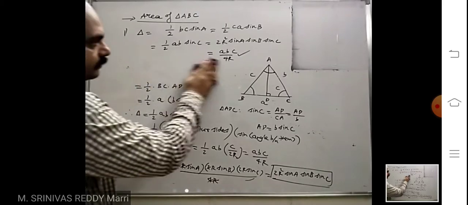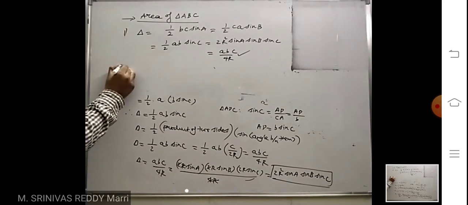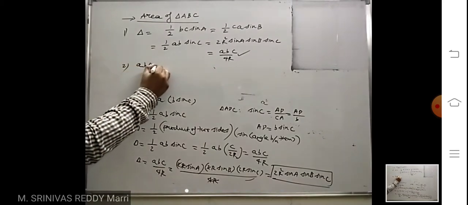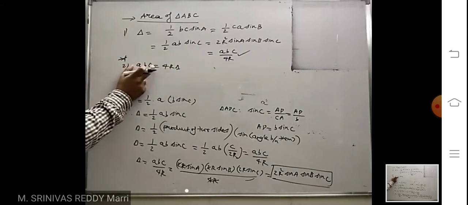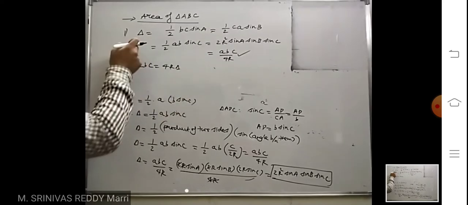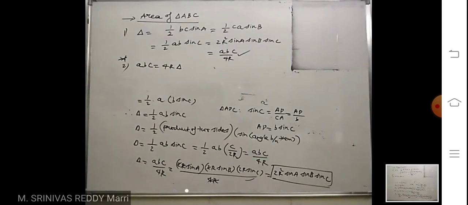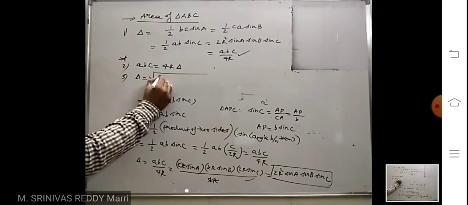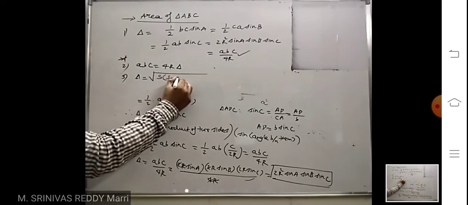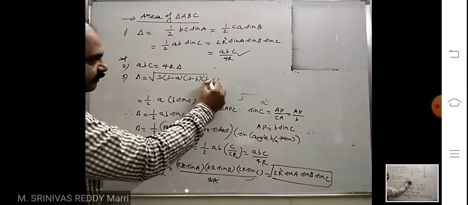Another formula is there. Whenever in a problem you get abc, you can write abc as 4R delta. So abc is nothing but 4R into delta, where R is the circumradius and delta is the area of the triangle. Another formula for delta, which you have known from childhood, is the square root of s into s minus a into s minus b into s minus c.